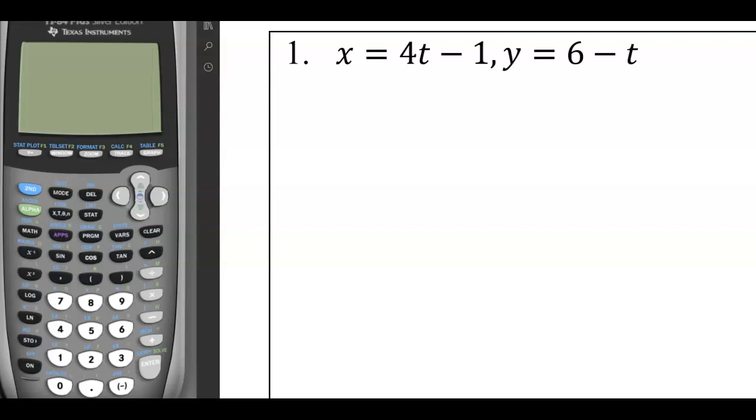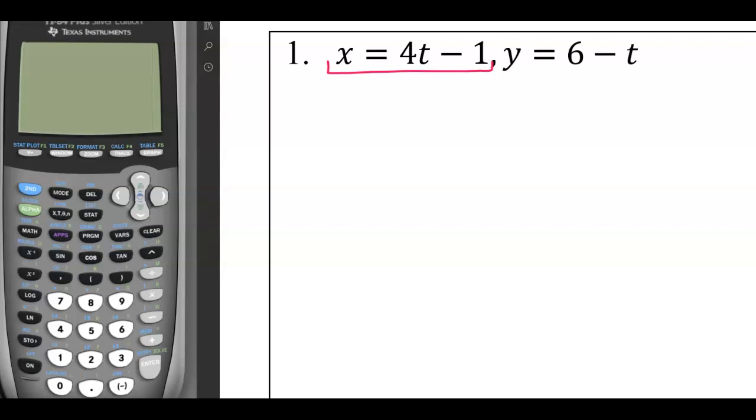Now the trick is you need your answer to be in standard form. So which equation do you think we will solve for t? The x. Because we need it to be in the end y equals. So we're going to solve for t in the first equation.